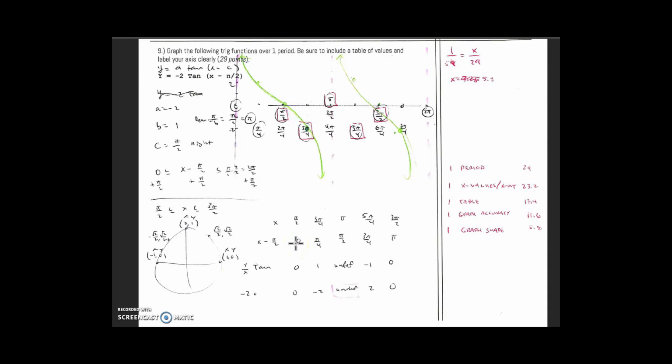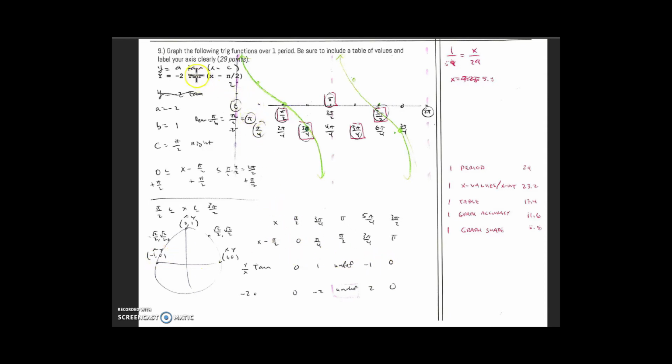Tangent at 0 is y over x, so 0 divided by 1 is 0. At pi over 4, this is the same expression over itself, that equals 1. At pi over 2, 1 divided by 0 is undefined. 3 pi over 4 is just the same expression over itself, but positive divided by negative is negative 1. And 3 pi over 2, that would be 0 divided by negative 1, which is 0.